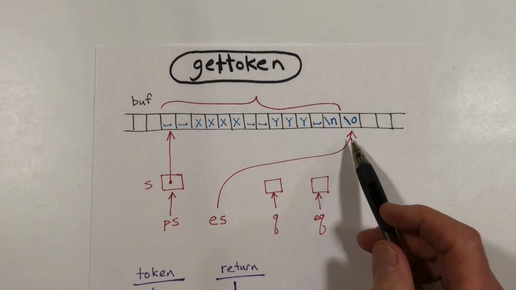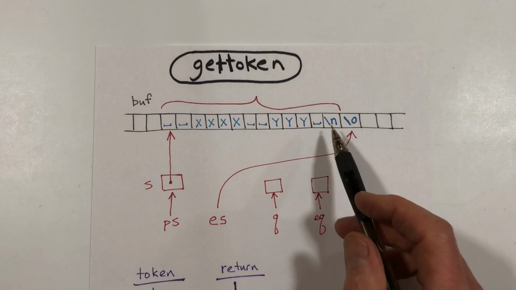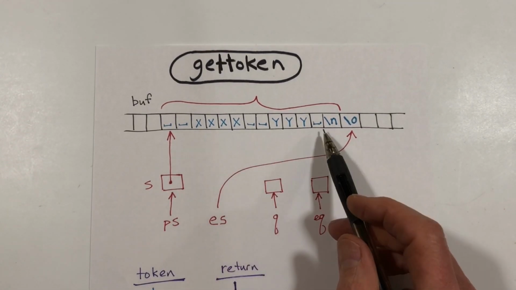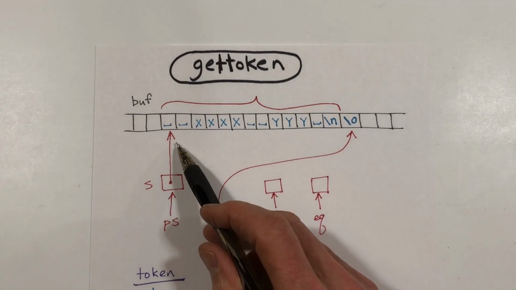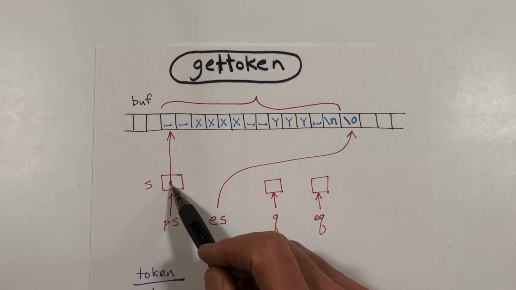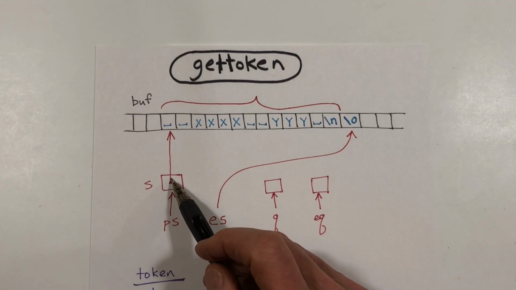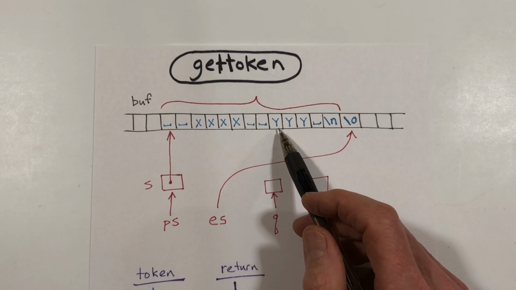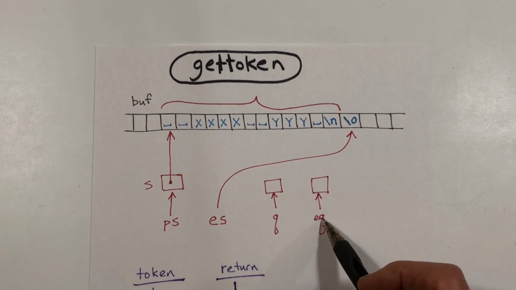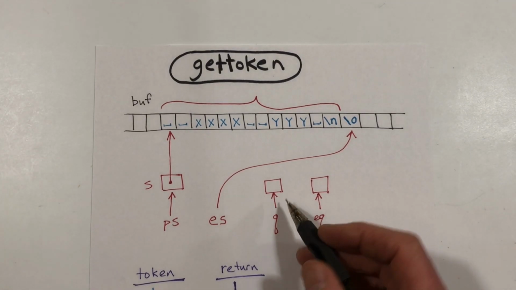ES is the end of the scan, and it points to the byte just after the last byte we want to consider in the scan. The result of this will update this variable here. We can call it S, so PS stands for pointer to S. We'll update S to the next character that we want to start the next GetToken call on. Q and EQ will be set to point to where the token is found.